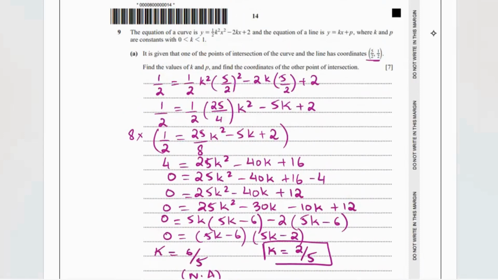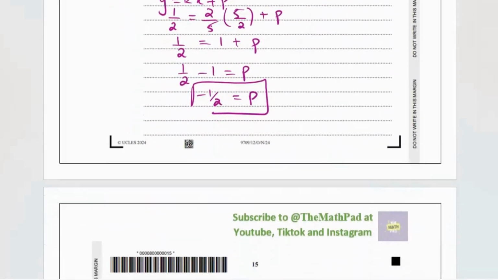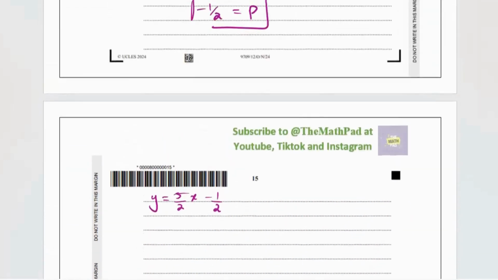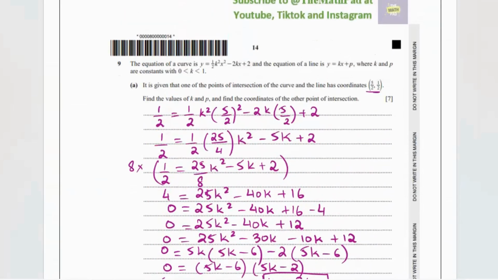Now for the coordinates of the other point of intersection, we have y equals kx plus p, so y equals 2/5 x minus 1/2. And the other one was y equals 1/2 k squared x squared minus 2kx plus 2.